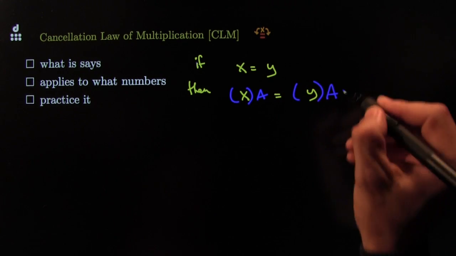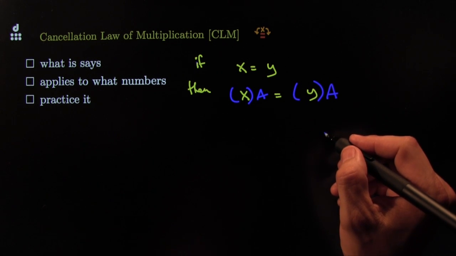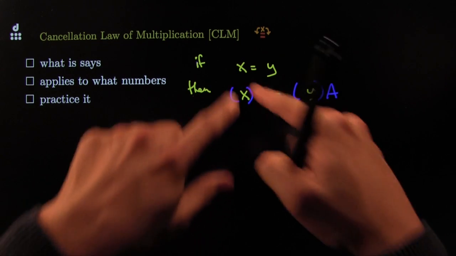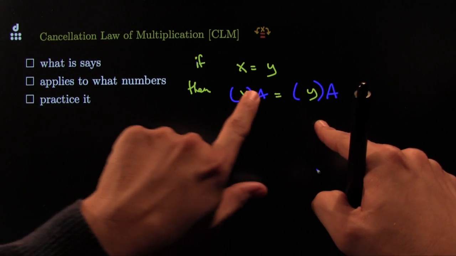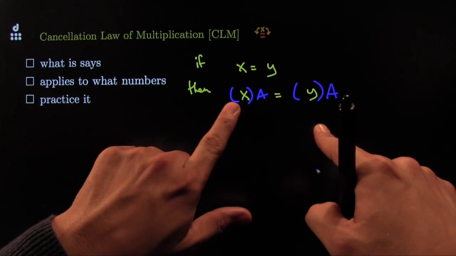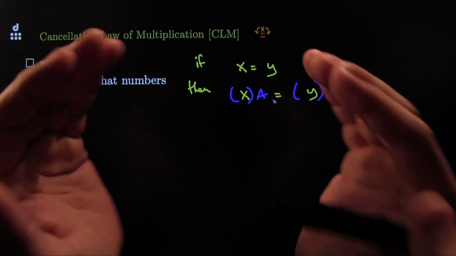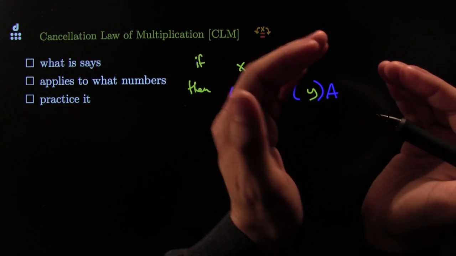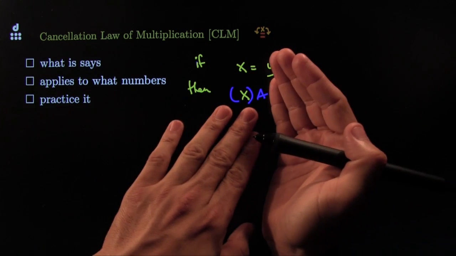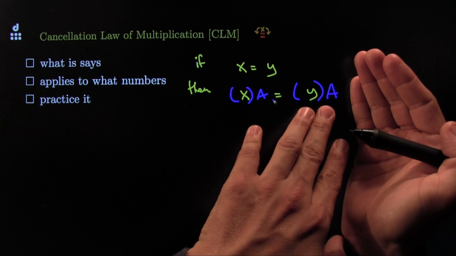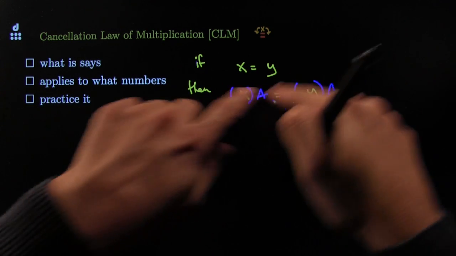I say, hey, I can multiply both sides by any number I want, a. Here it's important to add the parentheses, I think, because sometimes if this is more than one term, you're going to get in trouble if you don't multiply the entire side by a. This says you can multiply the entire left side by the number, and the entire right side by the same number. But it's very important that you do the entire side.